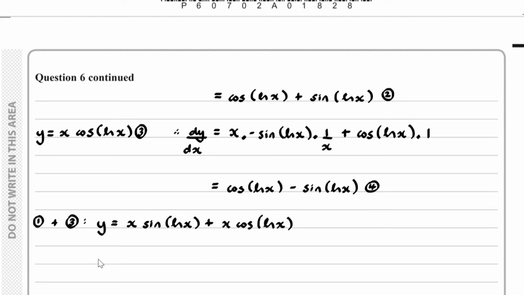And then if I differentiate this, well, let's call this 5.